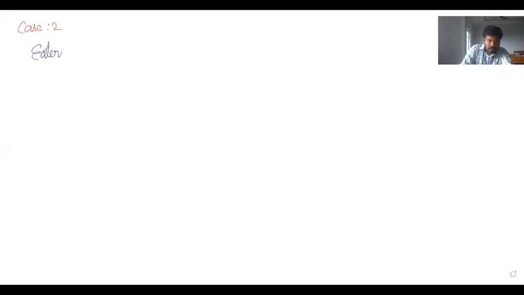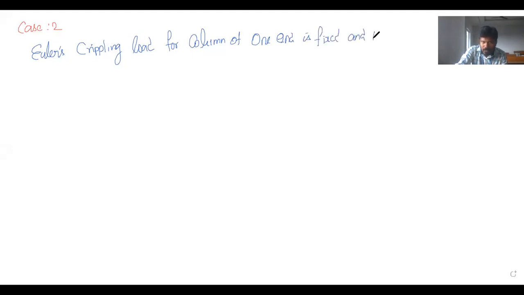That is Euler's crippling load for a column, for a column of which one end is fixed and the other end is free. Okay, now this is for the cantilever section.